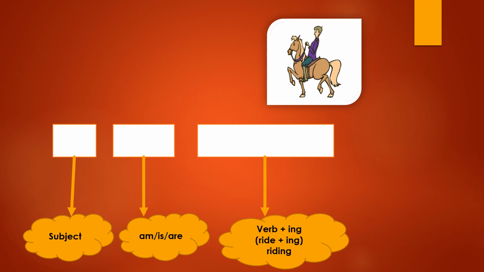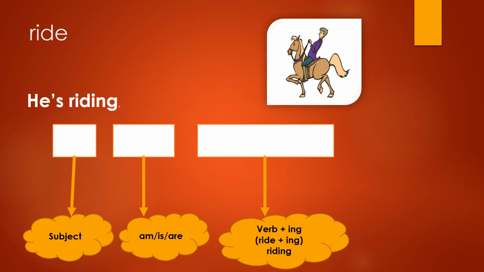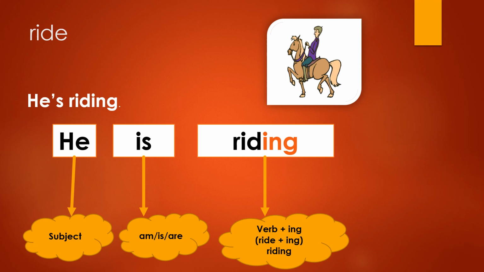This is the last example, the verb ride. He's riding. Look, the subject is he, so we have to use is. We write rid, because the end of the verb is e, we have to erase the letter e. Then we add ing, so it becomes riding. He's riding.